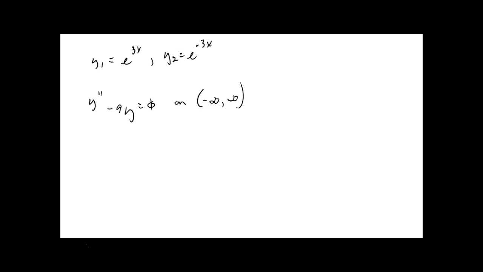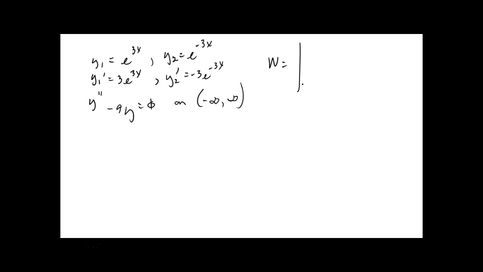What we could do is do the Wronskian. Remember what the Wronskian was? I already had you do it, but let's write it down now. y1 prime is 3e to the 3x, and y2 prime, negative 3e to the minus 3x. And the Wronskian, you remember how that goes?